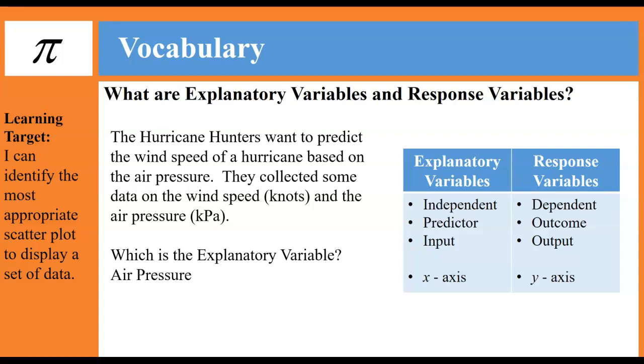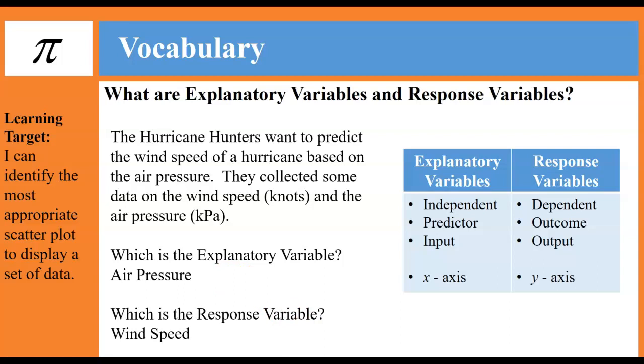That's the variable that I am going to use to determine my response of wind speed. Your keywords here are "based on." If it is based on something, that's your explanatory variable. And then your response variable would be your output, the one on the y-axis. So that's just one example of telling the difference between explanatory variable and response variable.